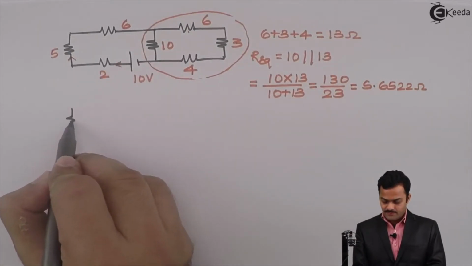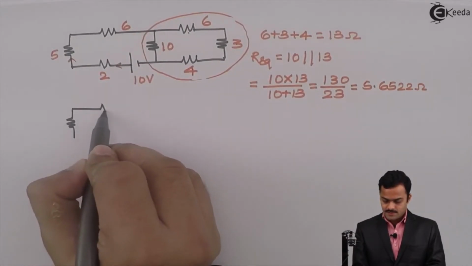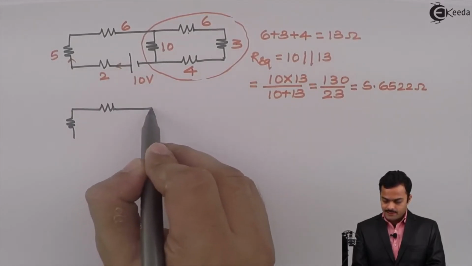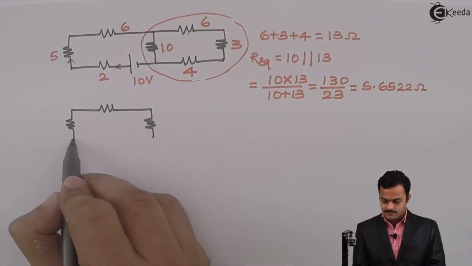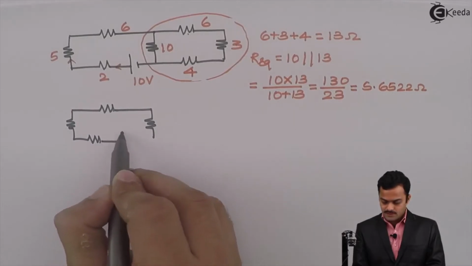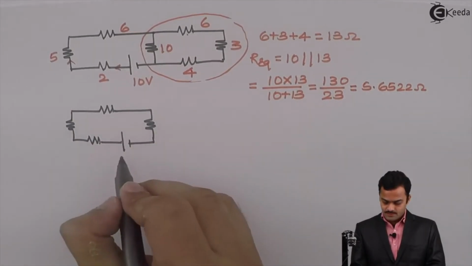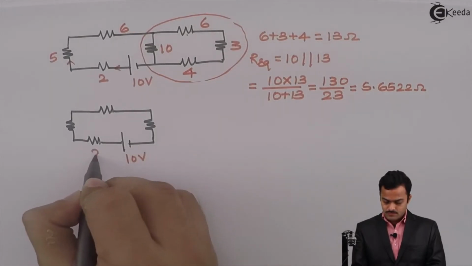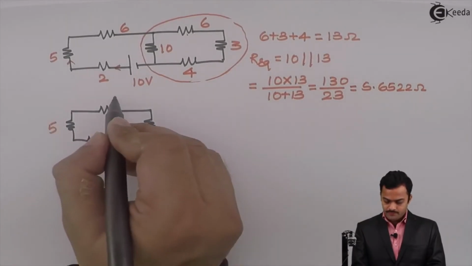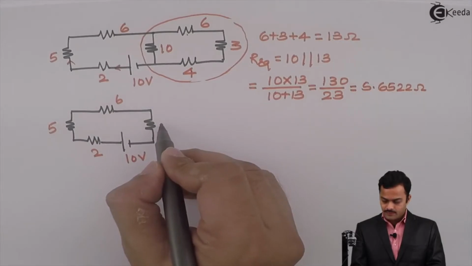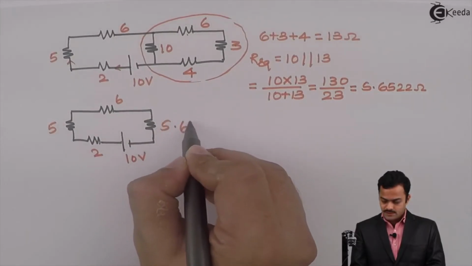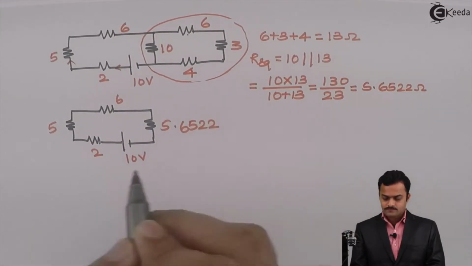So it will be 5, 6 and R equivalent that we have just now calculated, 2 ohm in series with battery, which is 10 volt given. So 10 volt, 2, 5, 6 and the R equivalent is 5.6522.